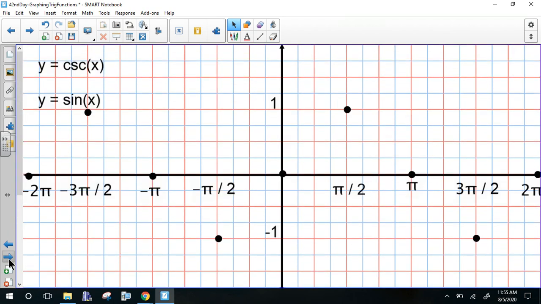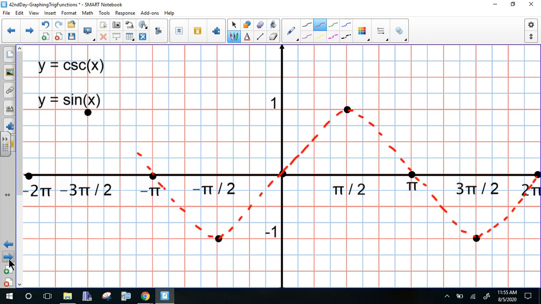So now let's look at cosecant. Cosecant is the reciprocal of sine. So I'm going to graph y equals sine of x first, because that will help me get the graph of y equals cosecant of x. So at the top of the hills and the bottom of the valleys, we put a parabola. If they're at the bottom, they open down. If they're at the top, they open up.